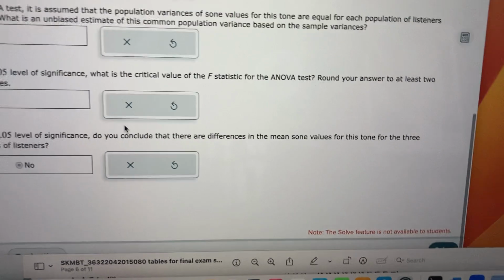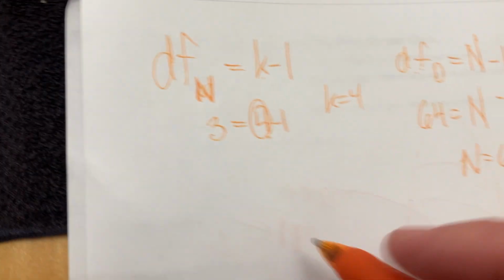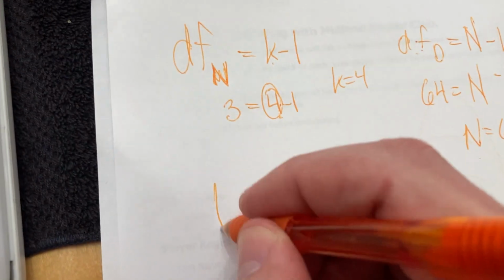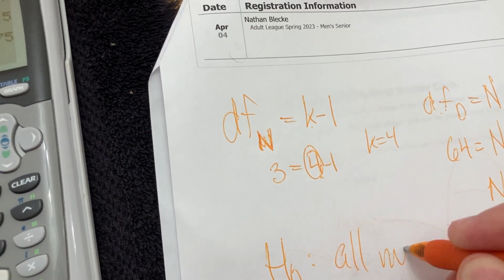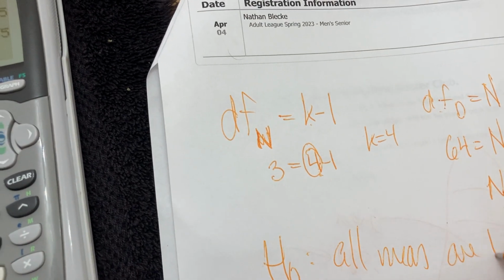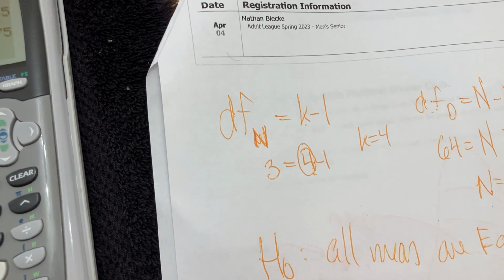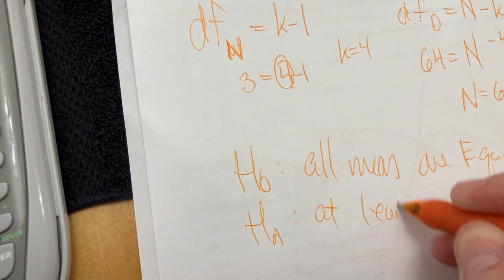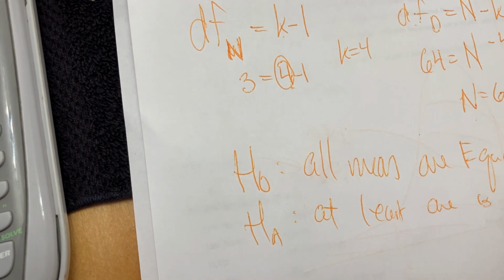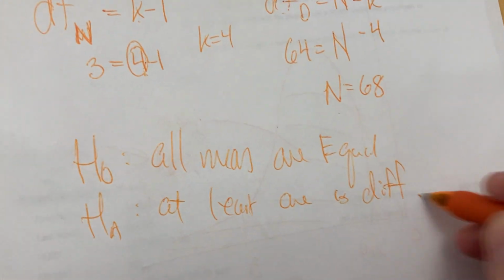Now, I'm going to very quickly write this because I've only got a couple minutes left. So your null is, briefly, all means are equal. Our alternative is at least one is different, okay?